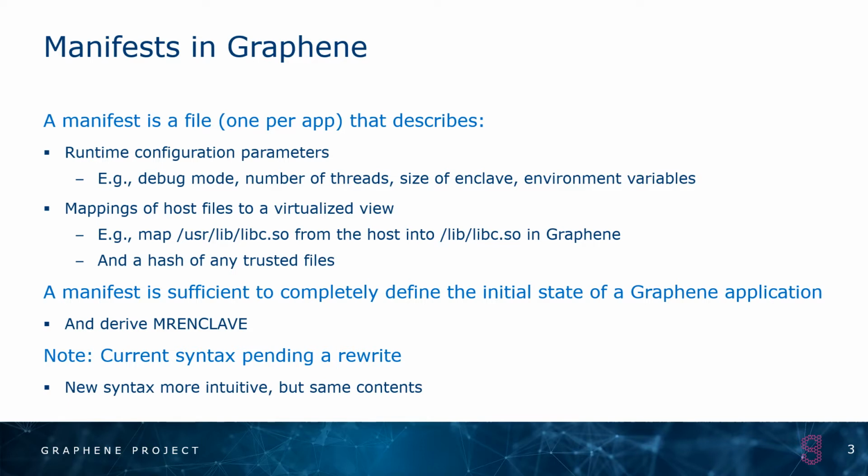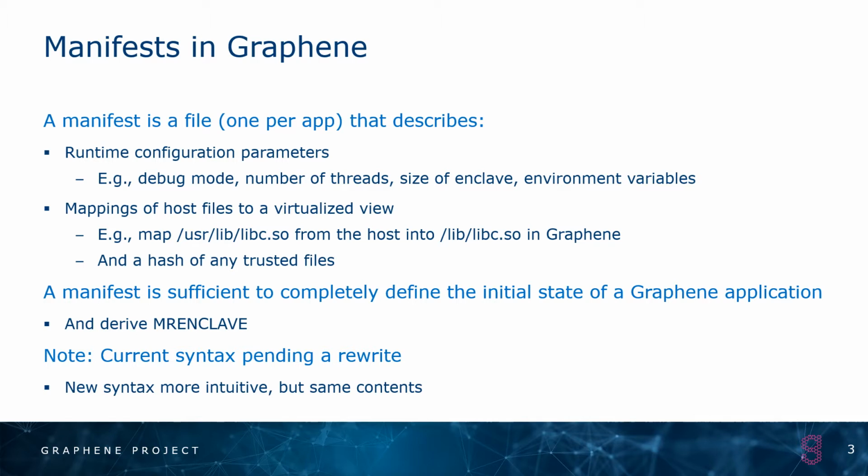A big part of the work that I'll illustrate shortly is about creating a virtualized view of the file system. For instance, I may want to map a system library under /usr/lib to /lib in the view from the application in Graphene. In SGX, this also includes hashes of any trusted files to ensure that you're getting the version you think you're getting at runtime.